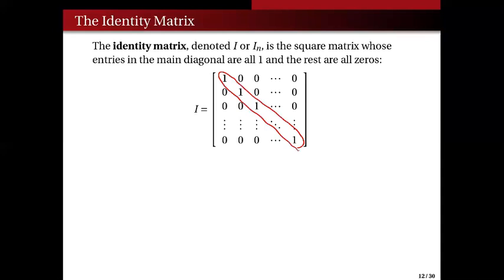For the identity matrix, you have all these equal to 1, but the rest are all 0. Take note, identity matrices are square matrices. We sometimes denote it by I if we don't care about the size, but if we need the size, we just put the subscript.